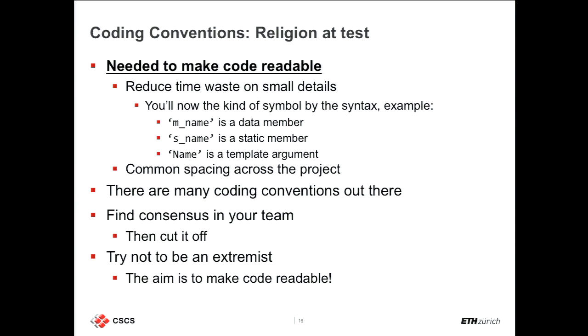And if you do code review, when someone writes the code and pushes it into your repository, somebody can go there and review the code and say, no, you didn't follow the coding convention here, fix it, etc. And the main aim of the coding convention is to make the code readable. You don't want to waste time reading code. You want to write code.